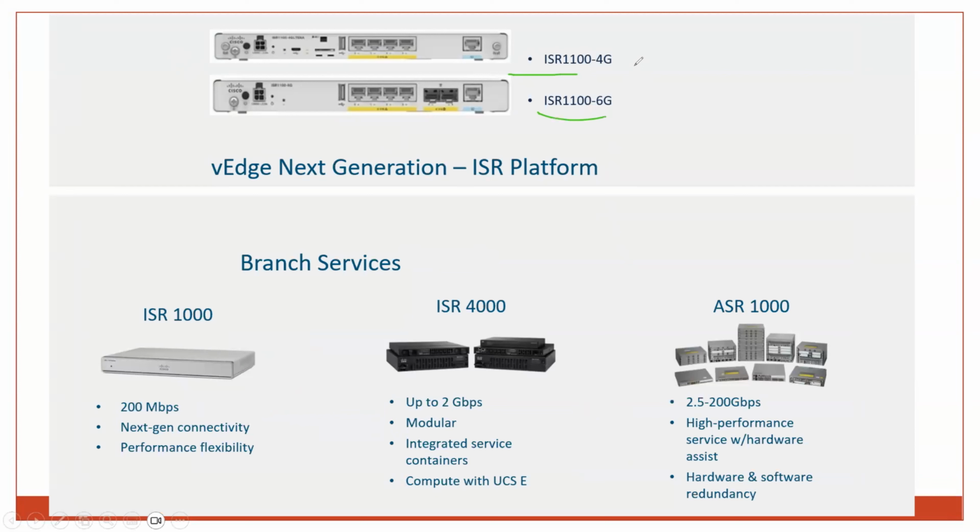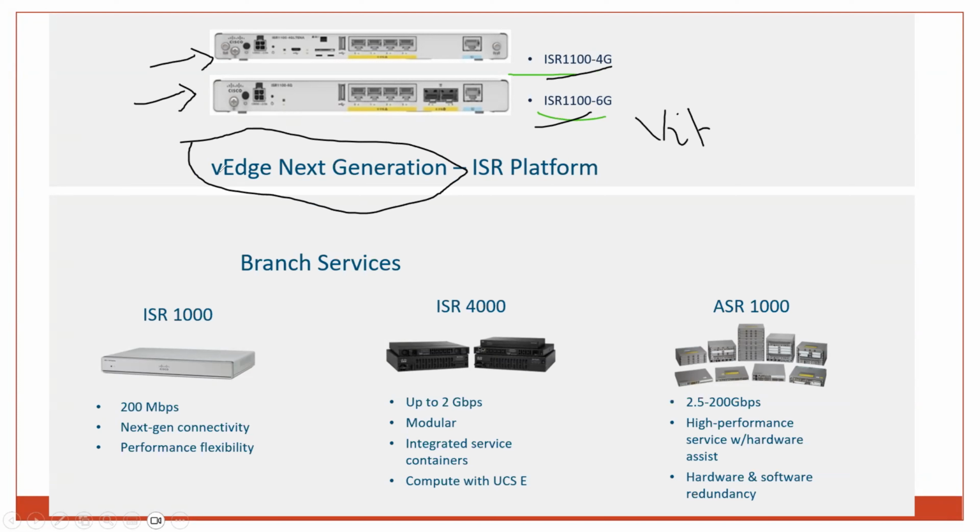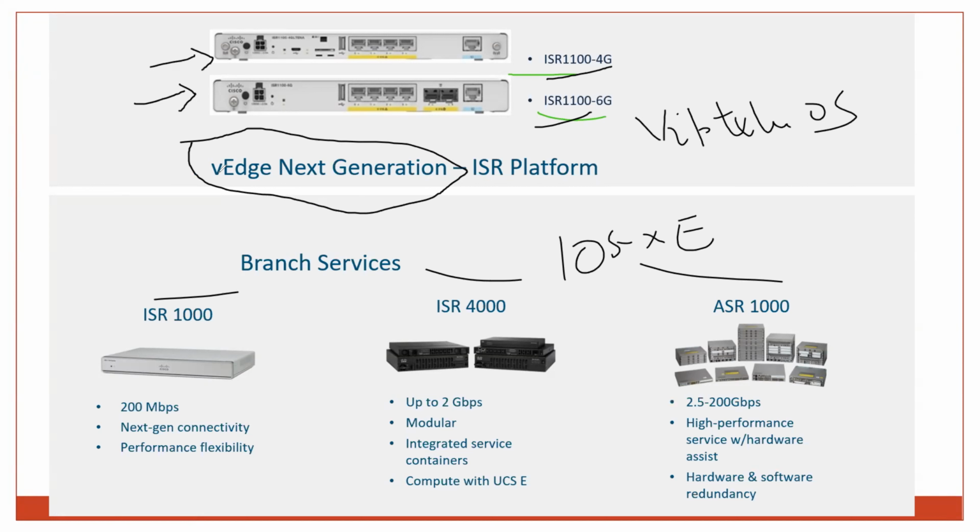These two devices you can see on top are running pure SD-WAN code. They are Cisco devices, but they have the Viptela operating system. They don't have IOS XE. Although these devices you can see here in the bottom have IOS XE based SD-WAN features.